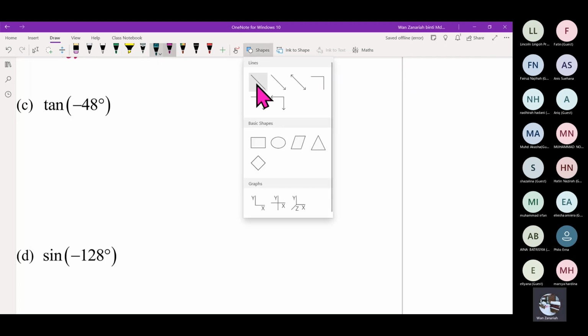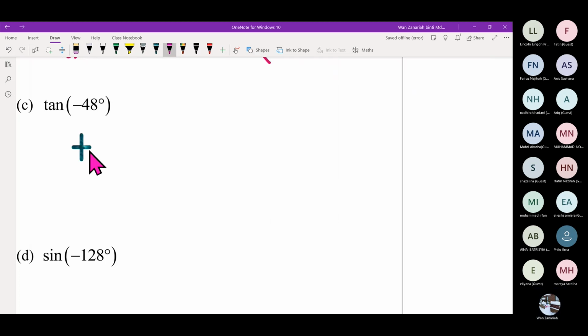First of all, of course, you have to sketch. Where is negative 48 located? Quadrant 4. You don't write negative 48, we all know it's negative if it is downward. So the acute angle is only 48 degrees. Understand?